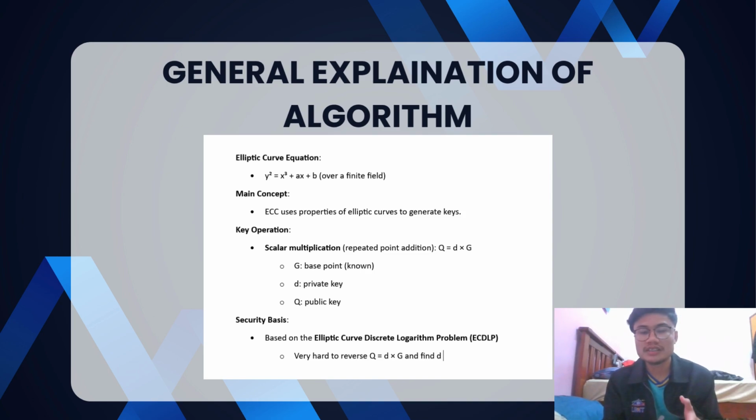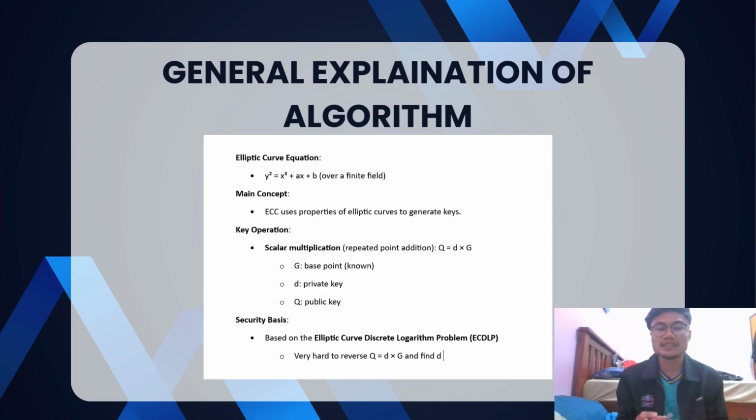The core idea of ECC is using a process called scalar multiplication, which is repeated addition of a point on the curve. For example, if we multiply a point G by a number D, we get another point Q on the curve.